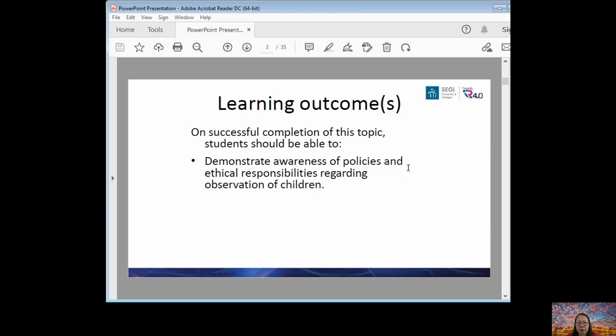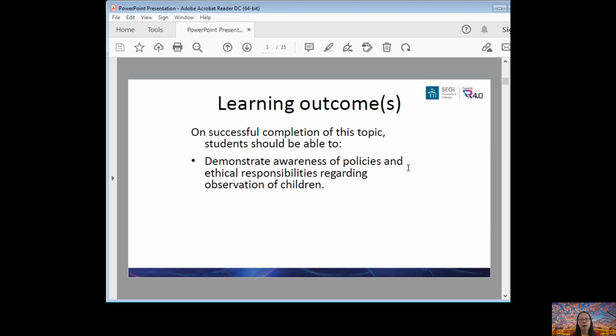Learning outcomes. When we finish our class today, you are expected to be able to demonstrate awareness of policies. That means you are aware that when you do an observation, there are policies for you to follow. When you want to start an observation, you ask, can I get permission? Who should I see first?